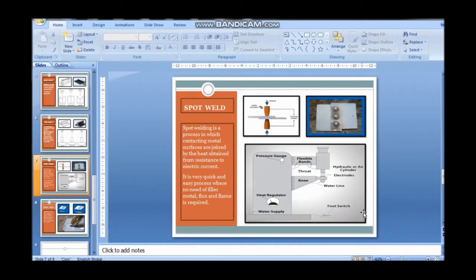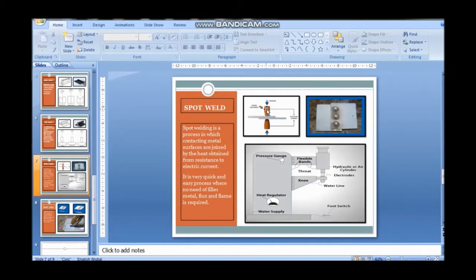Here you see the foot switch or foot pedal, and this one and this one are the electrodes. The two metal plates are entered in between these electrodes, and we press the foot pedal for a few seconds and then release it, and then spot welding is done as in this figure.